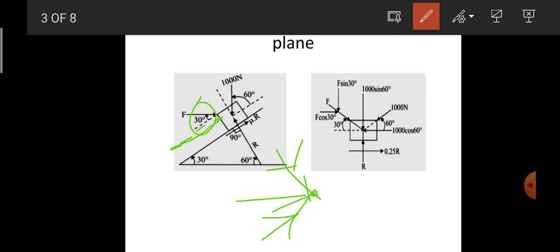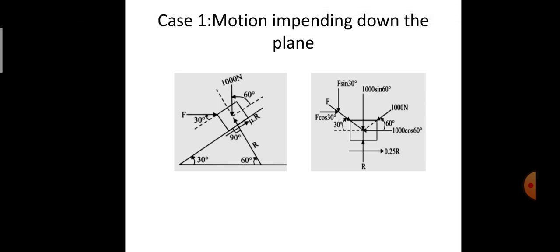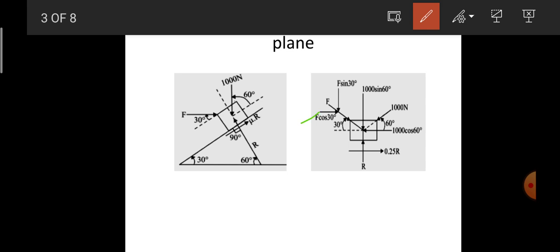Since the force is inclined at 30 degrees with reference to the horizontal axis, the horizontal component will be F cos 30 and the vertical component will be F sin 30.